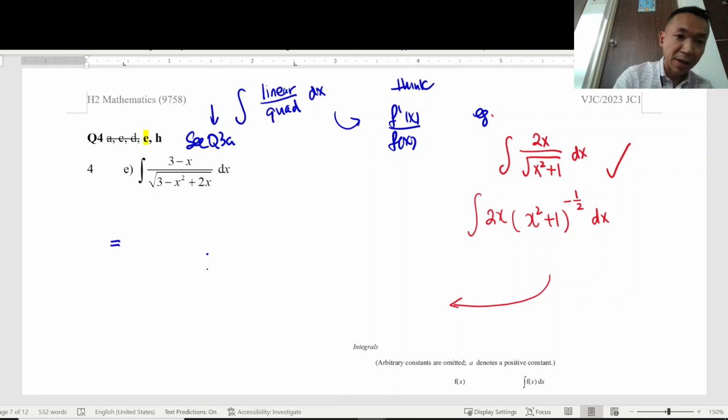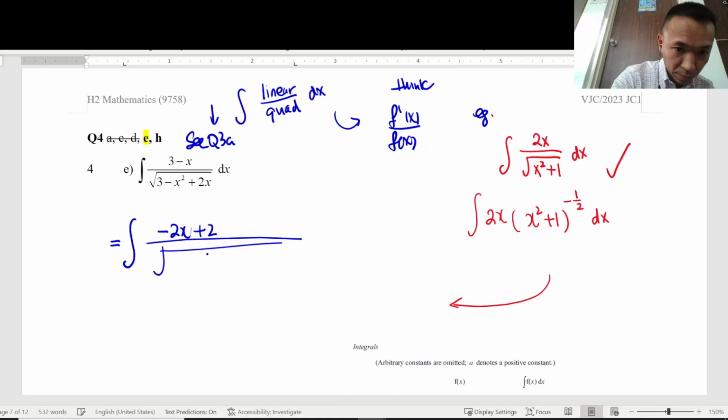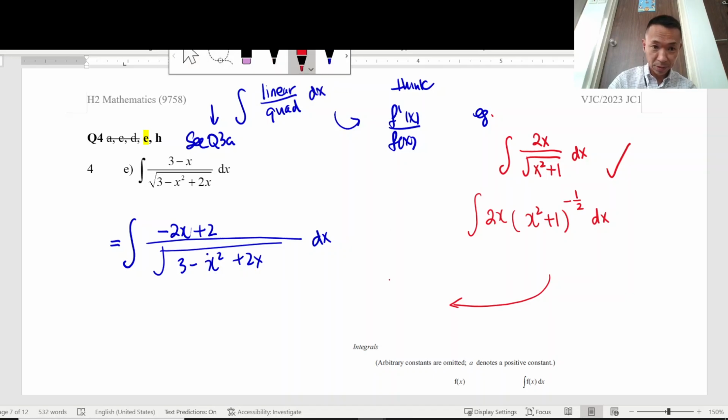I make it appear. It is minus 2x plus 2. That is my minus 2x plus 2 is my f prime x, but I cannot say they are equal, right?